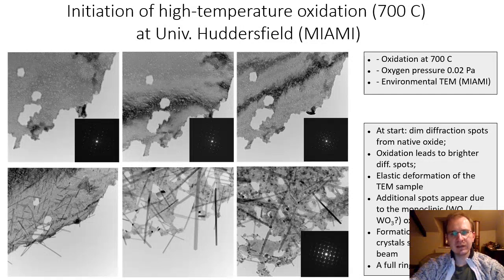In this case, we had the ability to study either just the thermal oxidation or also the oxidation with simultaneous exposure to self-ion irradiation. And in both cases, we observed the formation of a nanostructure of the tungsten oxide phase, which consisted in the formation of different kinds of nanorods.